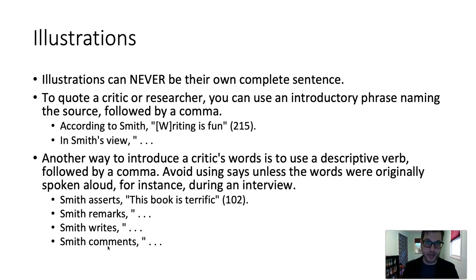So just remember, as you are presenting the evidence from Coates' essay, you need to introduce that Coates wrote it. At the very least, the very baseline is according to Coates, comma, then you provide the evidence. But try using a descriptive verb. You know, Coates discusses racism. Coates discusses things of that nature. But you must always introduce your evidence.